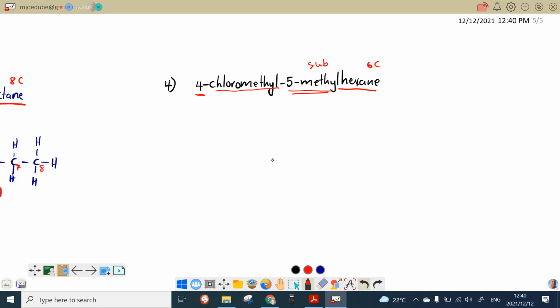So basically what it looks like is this: there are 6 carbons, 1 2 3 4 5 6. Number your carbons. On carbon number 5 you've got the methyl group.